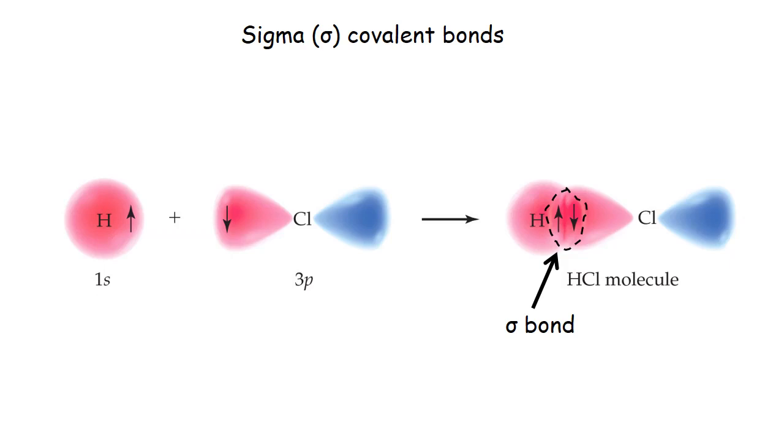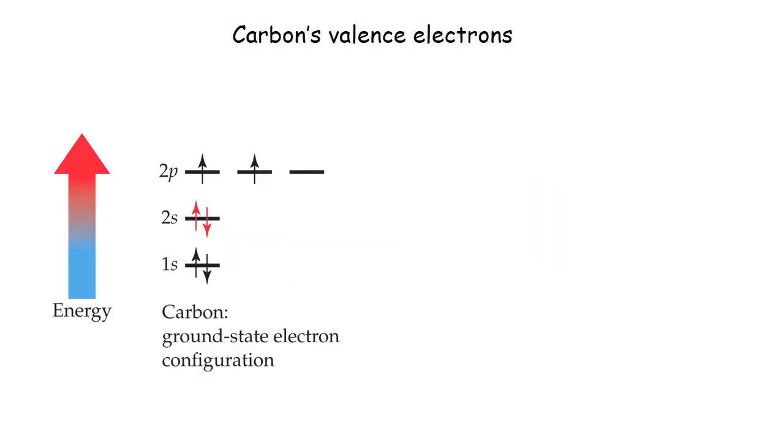Now we're going to move on, and we're going to talk about carbon, because carbon is a little bit different than these other guys. And this is where the idea of hybrid orbitals comes into play. So here we have carbon's orbital diagram. You can see that it has 6 electrons, and it's number 6, so that should make sense.